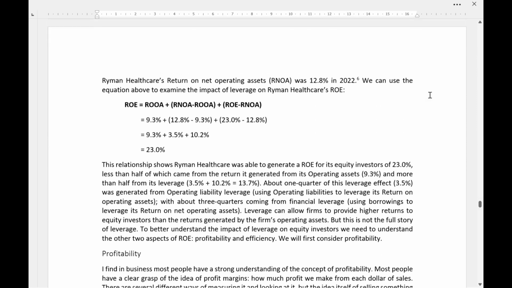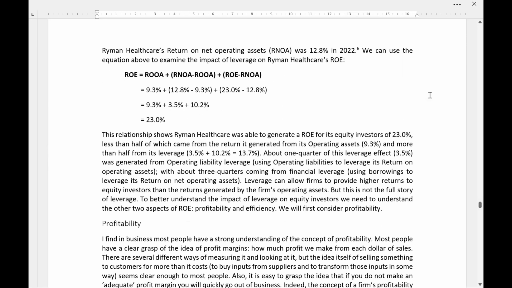Ryman Healthcare's return on net operating assets, RNOA, was 12.8% in 2022. We can use the equation above to examine the impact of leverage on Ryman Healthcare's return on equity.